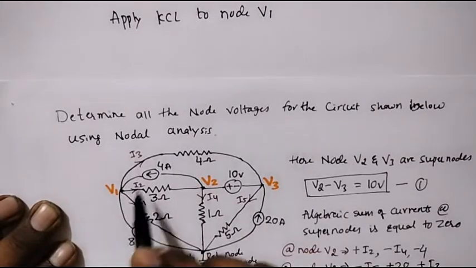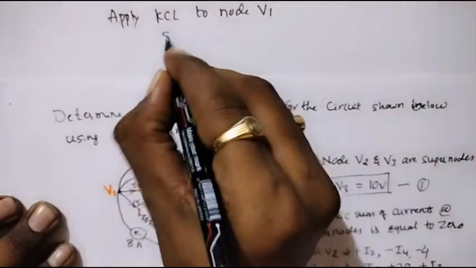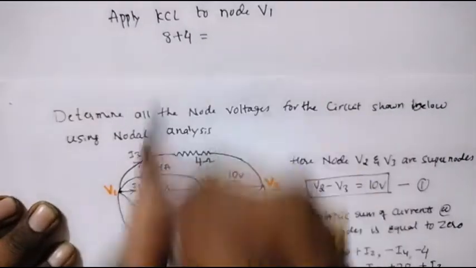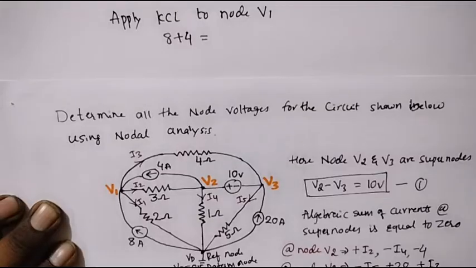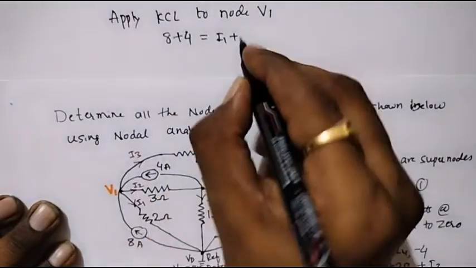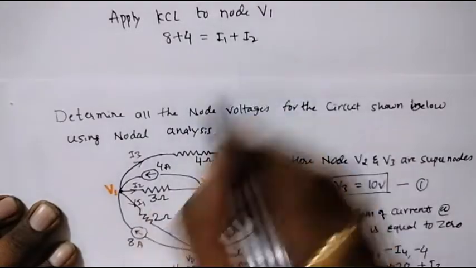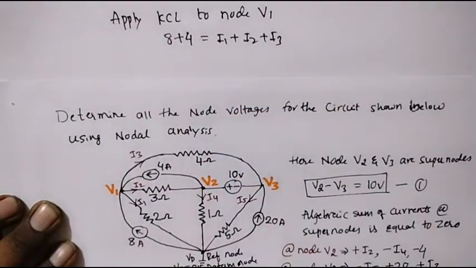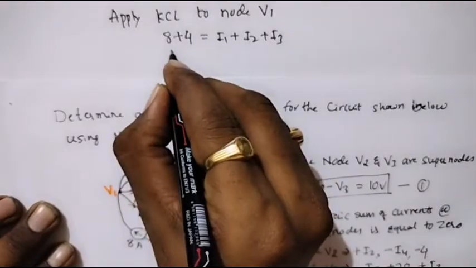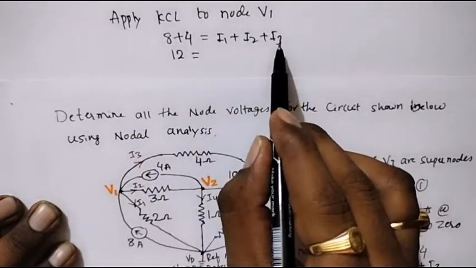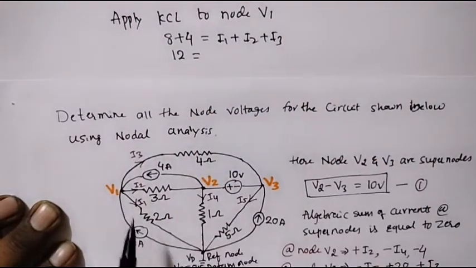So here 8 is incoming, 4 is incoming, that is 8 plus 4 is equal to the outgoing currents: I1 plus I2 plus I3. Now we'll simplify this further. 8 plus 4 is 12, and we'll express all these branch currents in terms of node voltages.